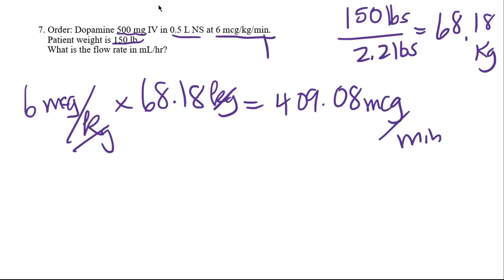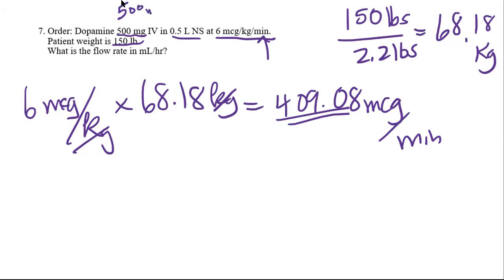Okay, and we get minutes from up here. This is the infusion rate. We're going to ignore minutes for a second. So this is actually how much we're giving to this patient per minute. And so now we need to do milliliters per hour. And this is what we have over here: 500 milligrams in 0.5 liters.